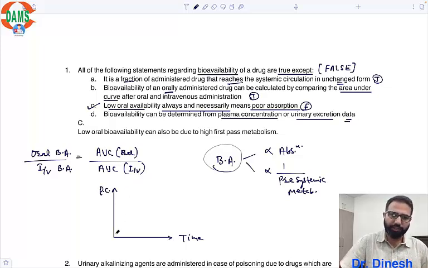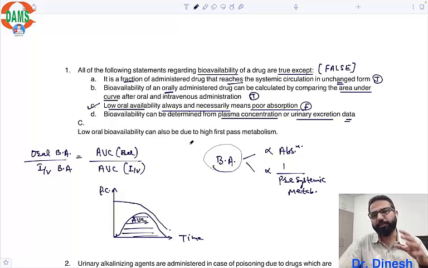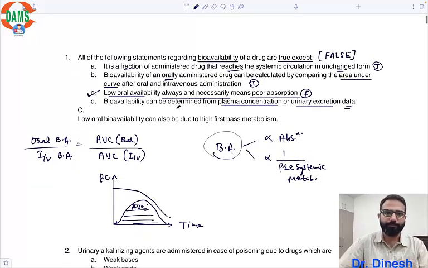Our aim is to check the ratio in different routes. Suppose one drug is given via IV or oral, you can compare this. So the area under the curve, AUC, is important and it determines the bioavailability. All these are important points regarding bioavailability. Option C is absolutely false.